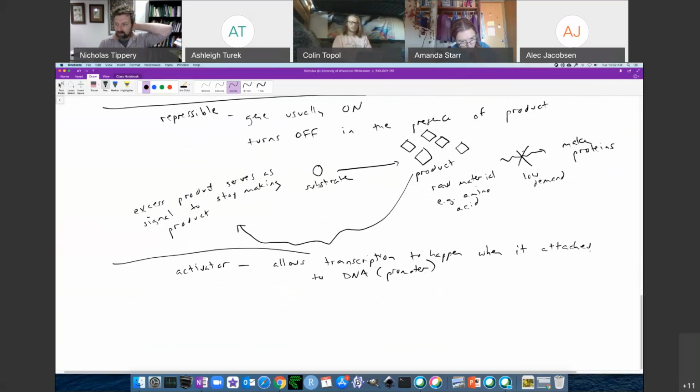So when the activator attaches to the DNA, that enables transcription to happen, and the repressor is really the opposite kind of molecule. Prevents transcription from happening. Shorthand this. Prevents transcription when it attaches to DNA.